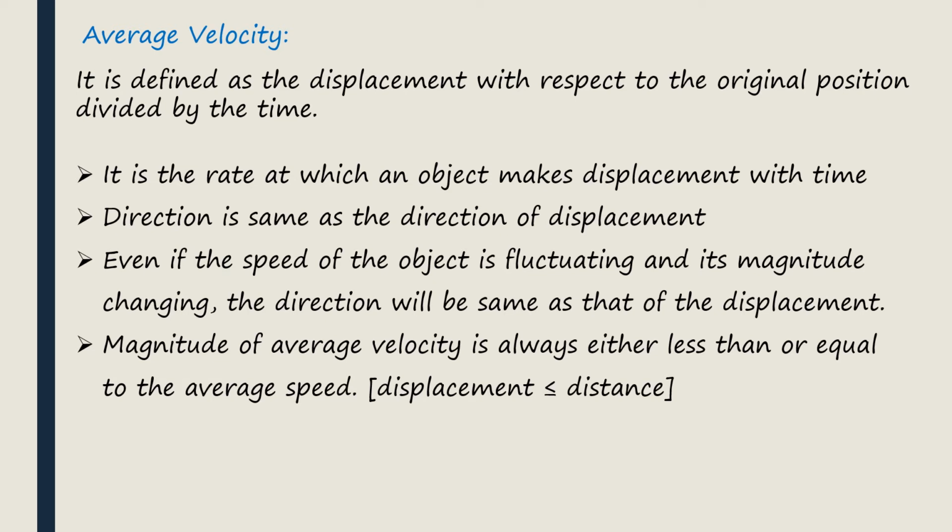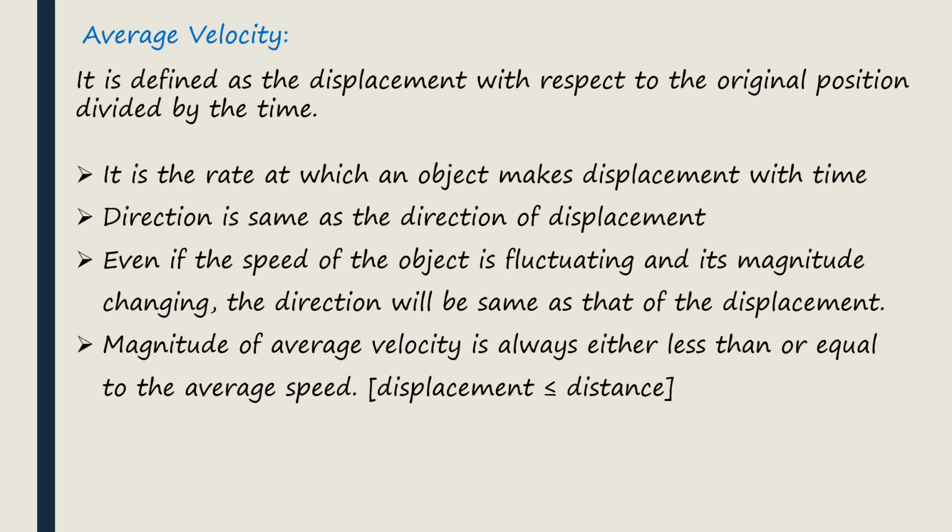So what is happening is that its speed is fluctuating, the speed is sometimes higher and sometimes lower. The magnitude of velocity, without the direction, velocity and speed are the same thing. Only because there is some direction towards the velocity, it makes it different.